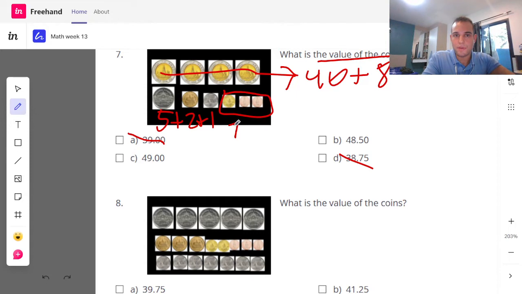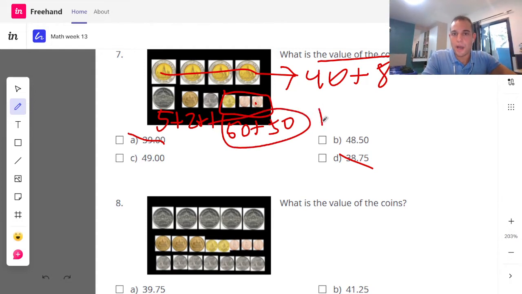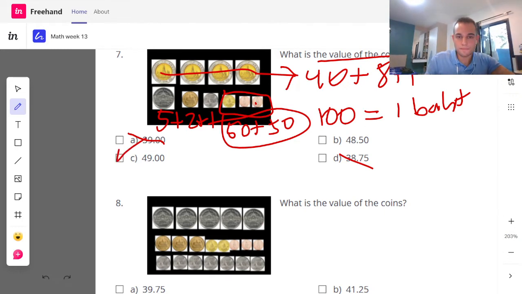We have 50 plus 50. 25 plus 25 is 50, right? And this is 50, so that's 50 satang. 100 satang equals 1 baht. So it's going to be plus 1. So the answer is 49.